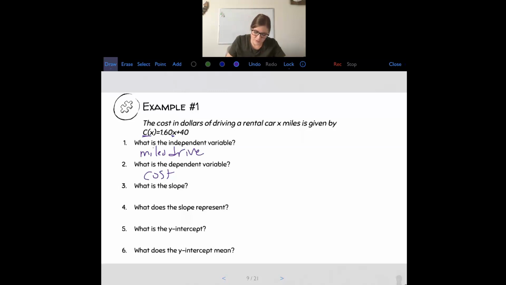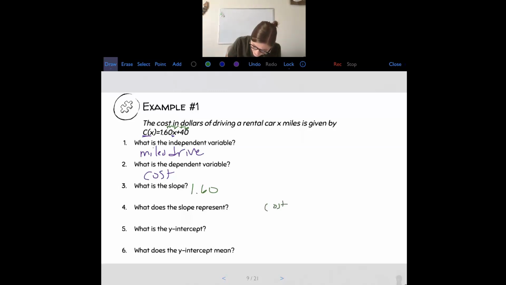Okay, what is the slope? Again, this is in the form of mx plus b. So m is 1.60. And what does slope represent in the context of this problem? A slope is a rate of change. In this problem, our dependent variable is cost, and our independent variable is miles driven.